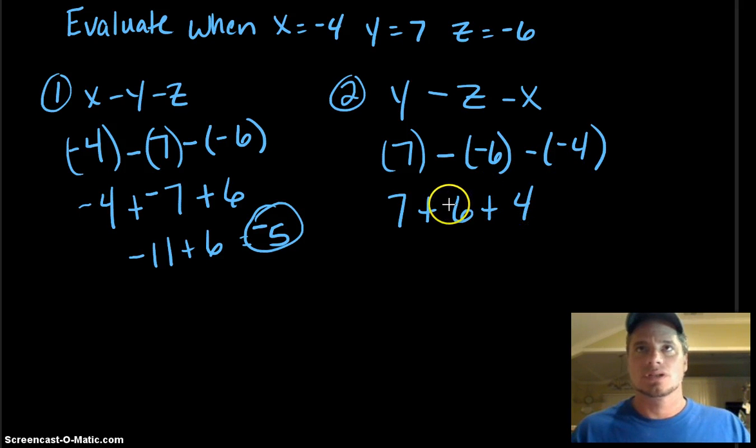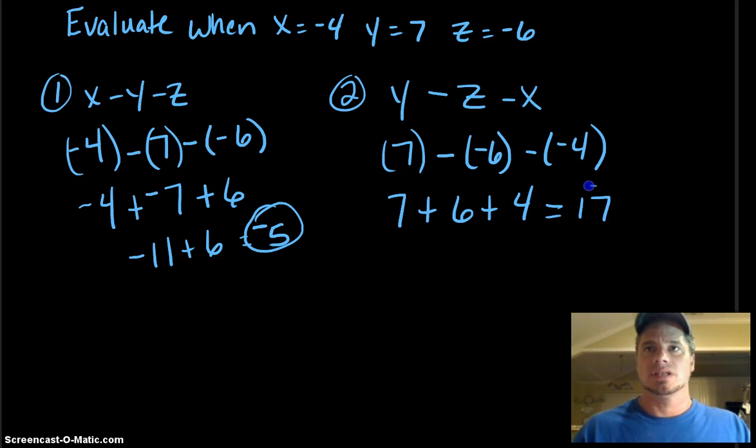Now this turns out to be really nice because we have all addition problems. So 7 plus 6 is 13. 13 plus 4 is 17. So this equals 17. Okay, and that should sum up our subtracting integers. I hope this has helped. Please let me know if you have any further questions in class.